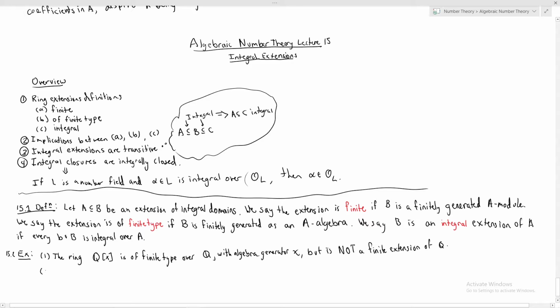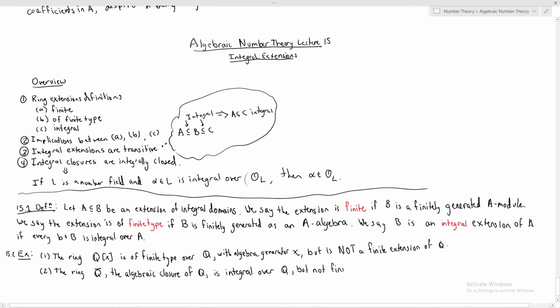Maybe we can come up with an integral extension which is not a finite extension. Probably the easiest one off the top of my head is Q bar, the algebraic closure of Q. It is integral over Q, but not finite.